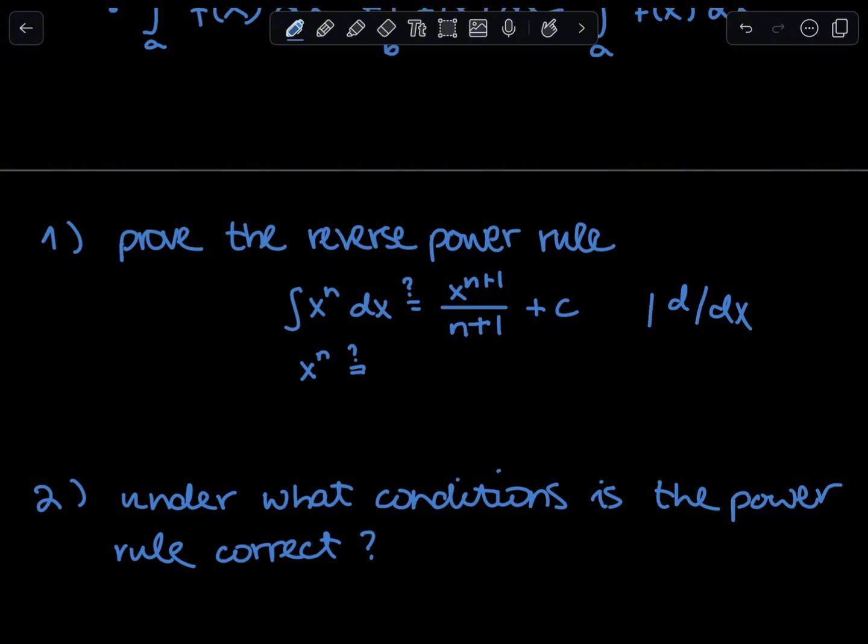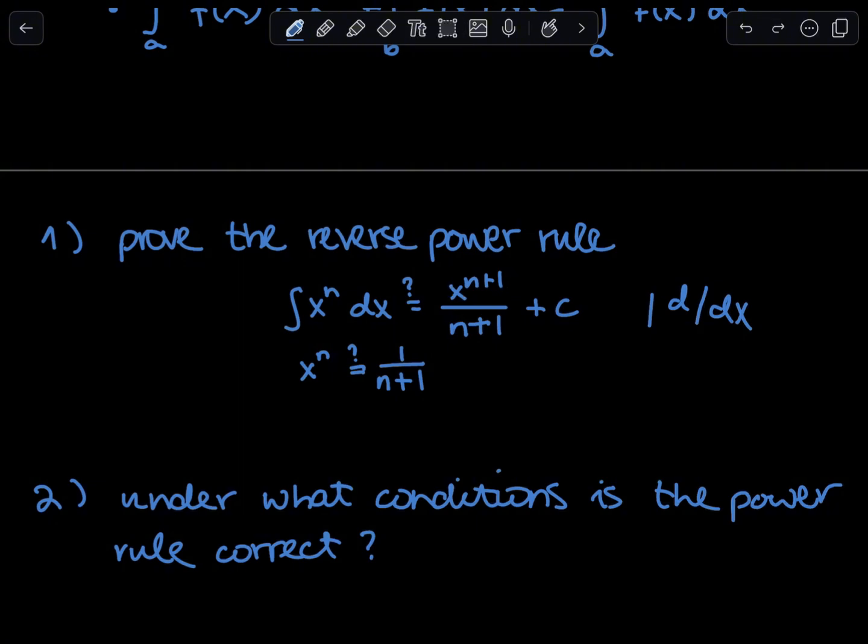Now to differentiate the right-hand side, let's start with this term, since we're differentiating term by term. We have a 1 over n plus 1 constant multiplier. Remember, it's with respect to x, so n is just a constant. And then we have x to the power of n plus 1.